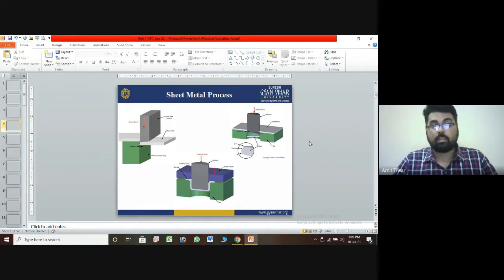After some time, after removing the force from the sheet, this section will be formed as a U. These are the basic fundamentals covered by sheet metal processes.